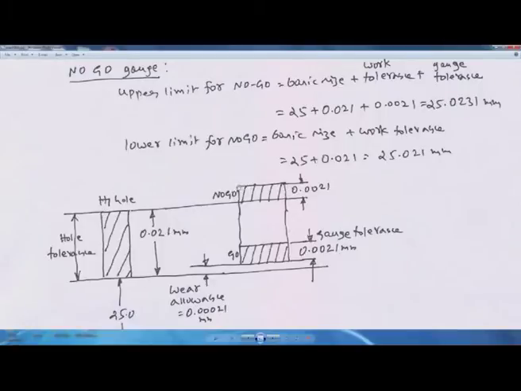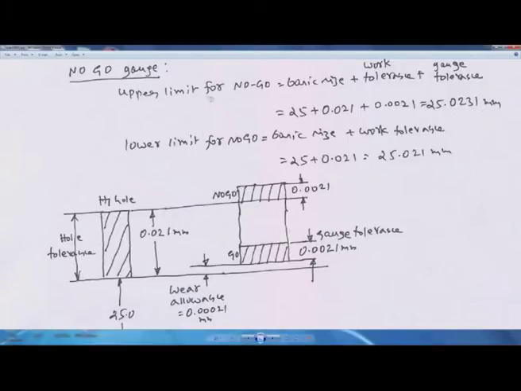That means, in order to get this, we have to add basic size plus work tolerance plus gauge tolerance. So, this will give us the upper limit for the no go gauge. 25 plus 0.021 plus 0.0021 is equal to 25.0231 millimeter.